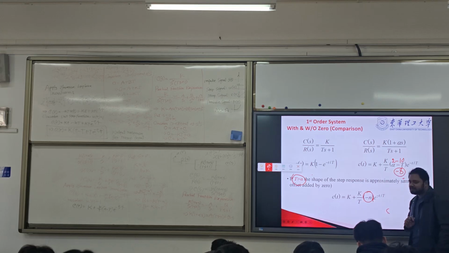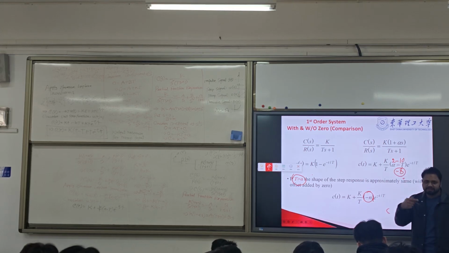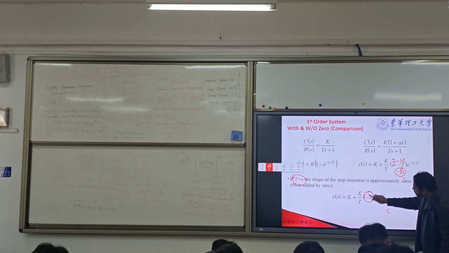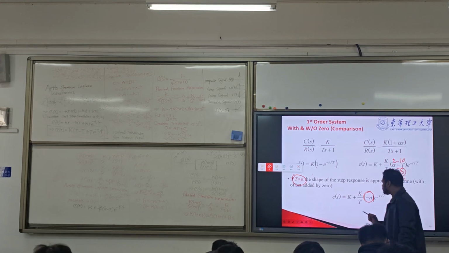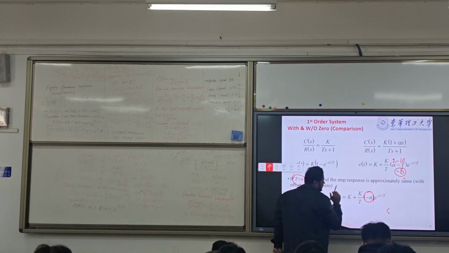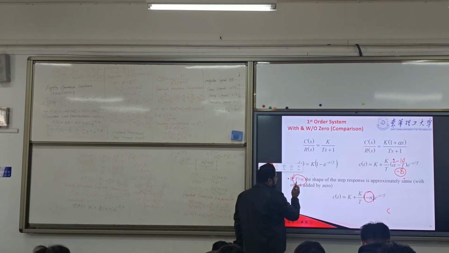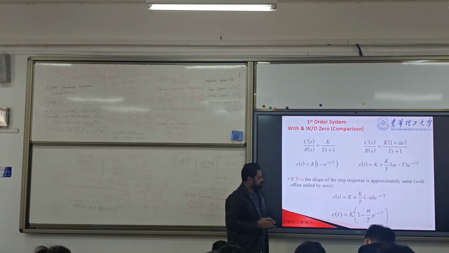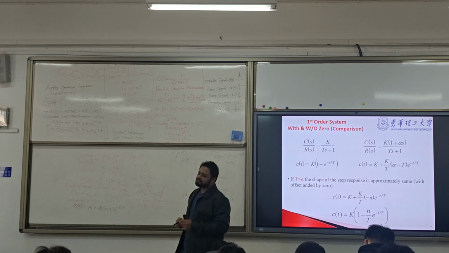That means there will be a value of minus n. N value can be anything, 1, 2, 3, 4, anything. It depends on whatever the value is, but there will be a minus. So we can define it as minus n. So we can simplify this term as minus n if T is greater than alpha. So we can rewrite this equation as K into 1 minus n by T.